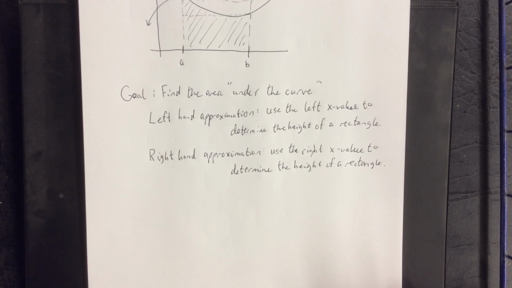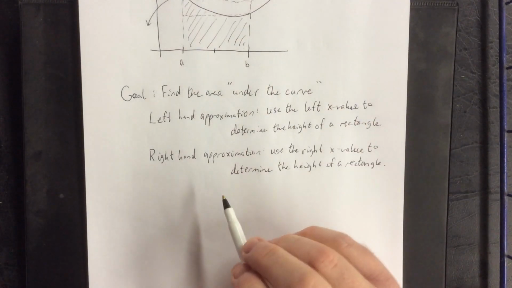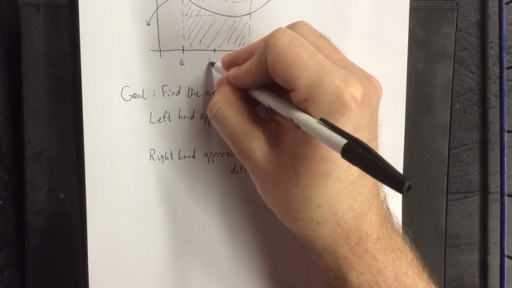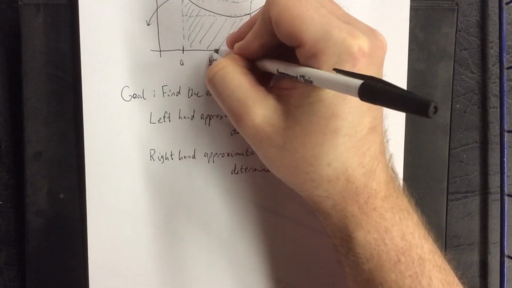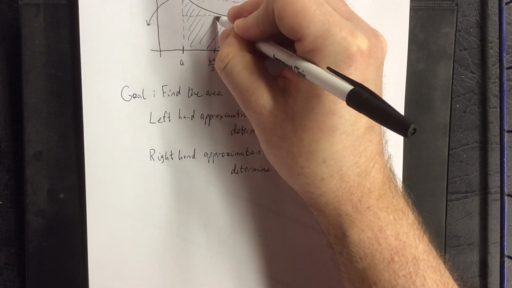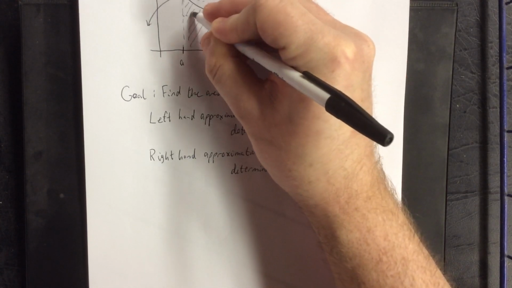There is another method that is referred to as the midpoint approximation, which is where we would take the point that's exactly halfway in between these two x values, which would be calculated as (b plus a) over 2. And then we could use that to create what's probably going to be the best possible approximation.